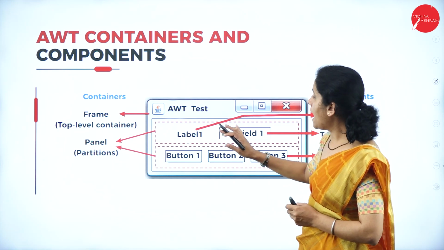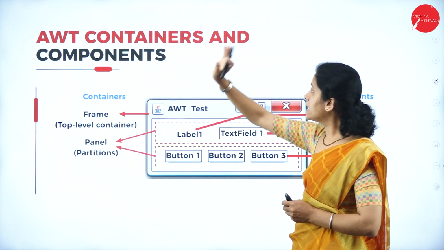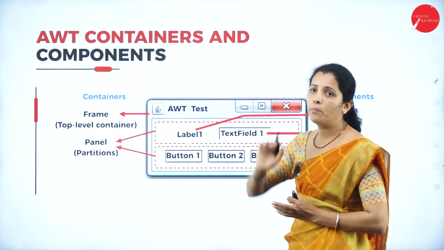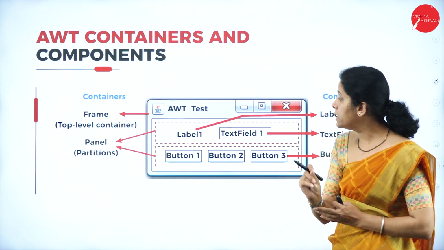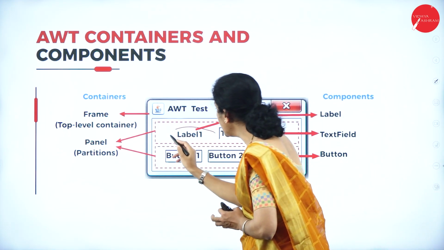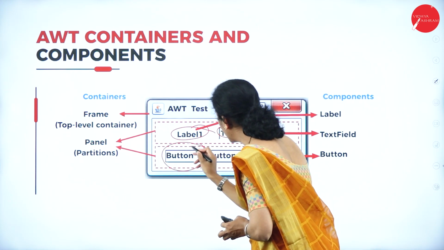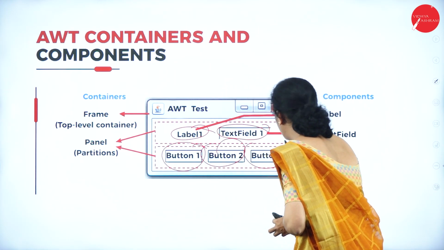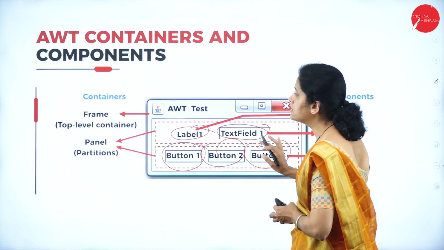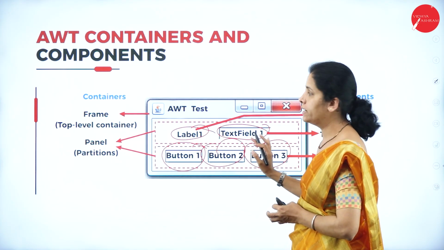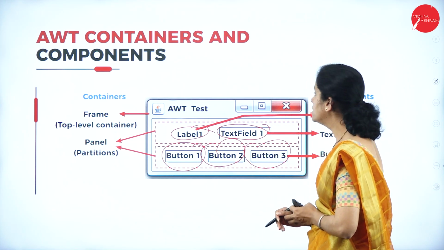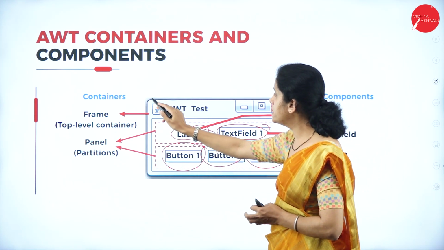Now see here, I have the AWT container and components. So what are the components here? I have a label, text field, button 1, button 2 and button 3. All these are my components. Then what about the container?